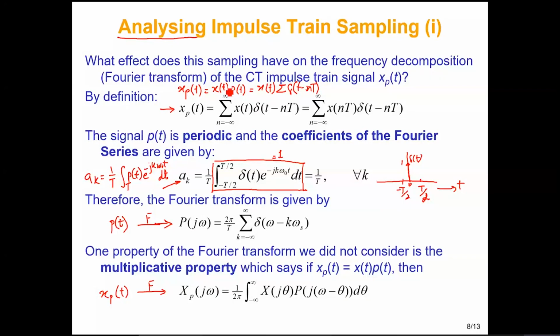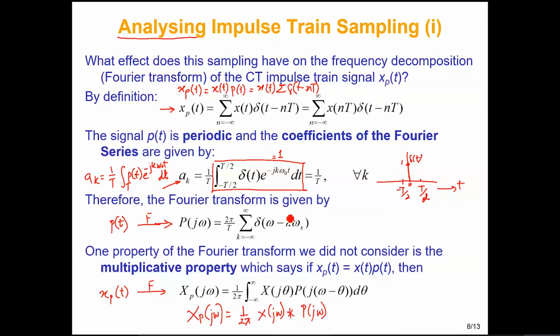Once we take the Fourier transform of this product, it is the Fourier transform of X(jω) convolved with P(jω). So Xp(jω) is nothing but 1 over 2π times X(jω) convolved with P(jω). This is what your Xp(jω) is going to be.